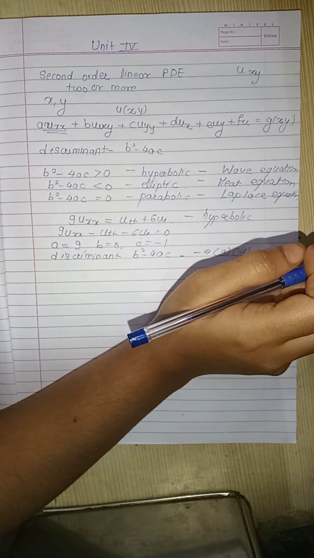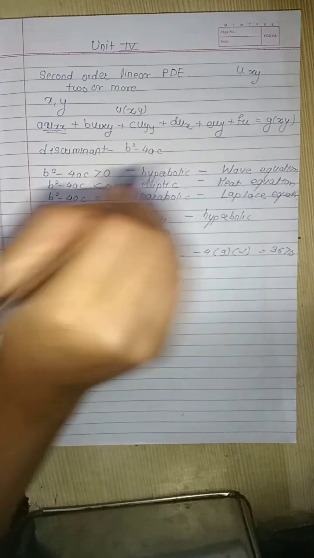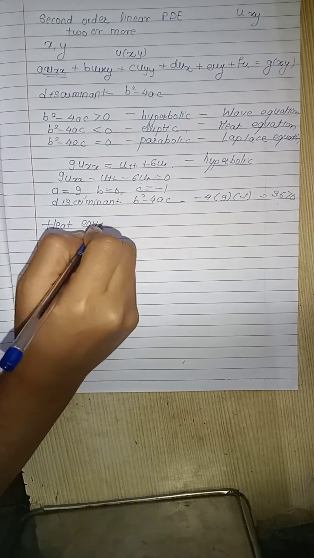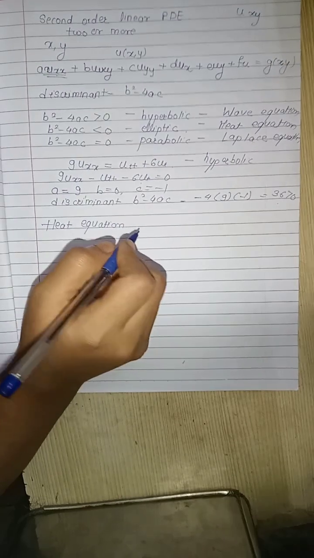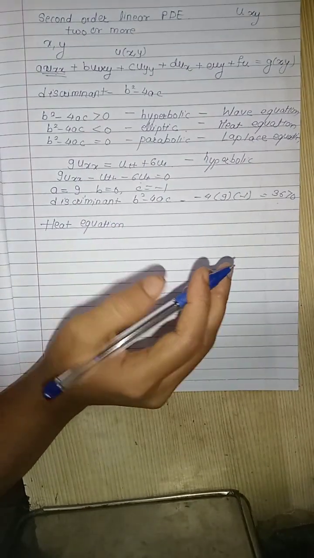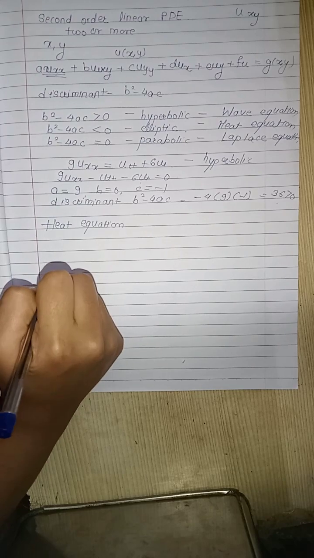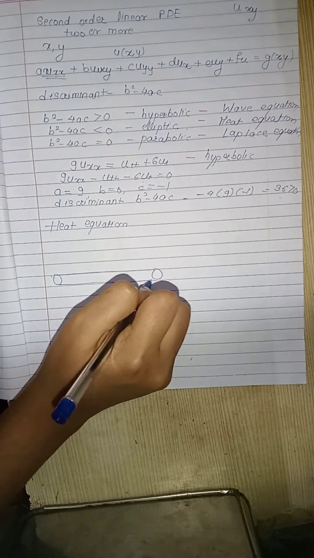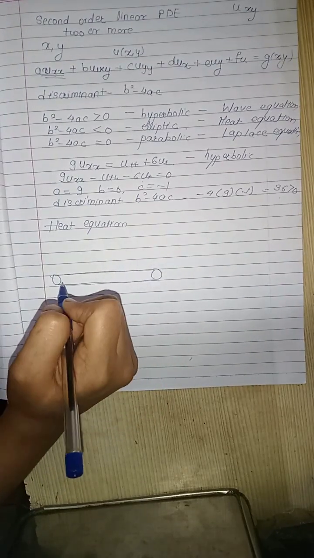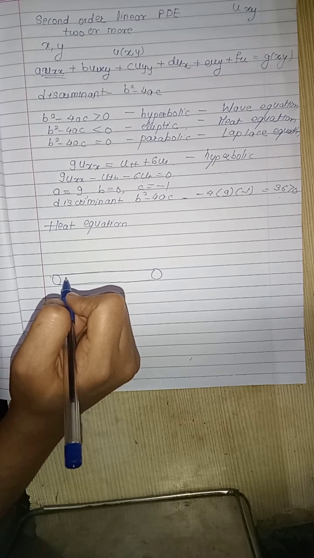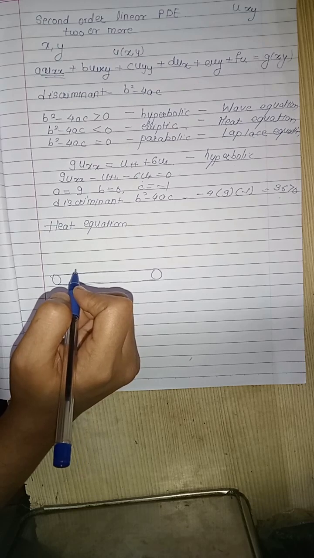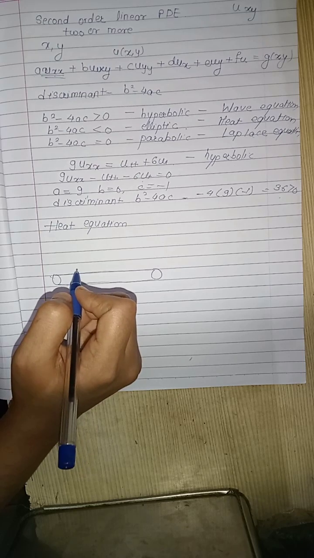So now let us consider what is the heat equation. Okay, so the next point is the heat equation or heat conduction equation. If you consider a thin bar, so this is your rod or bar, a metal bar, and if it is made up of a homogeneous material, then suppose that the side of the bar is perfectly insulated.